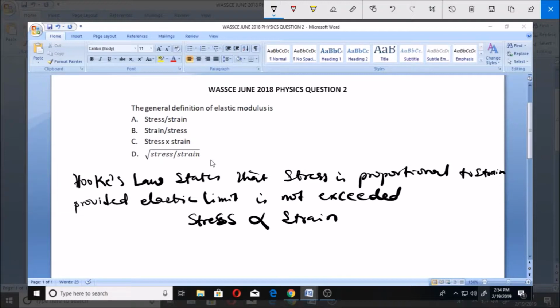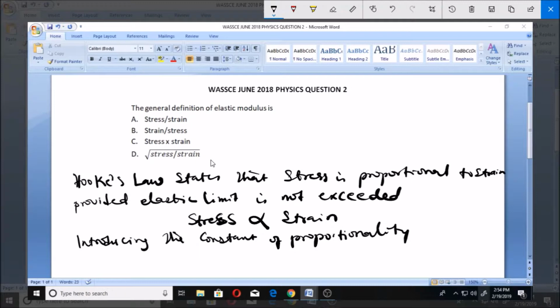And once you have such a mathematical representation, you can introduce a constant. So introducing the constant of proportionality, very important. If you want to change your proportional sign into an equal to sign, you must introduce the constant of proportionality, and this constant for this case is known as Young's modulus of elasticity.